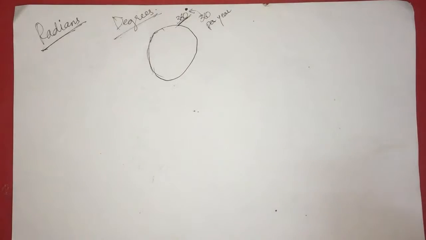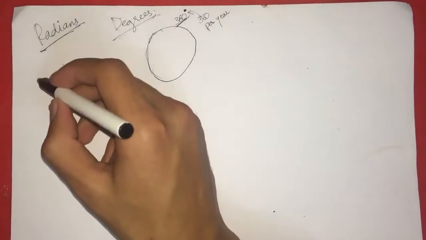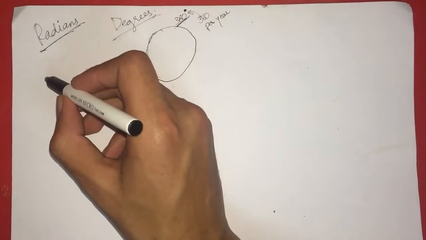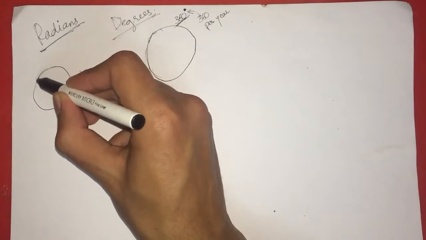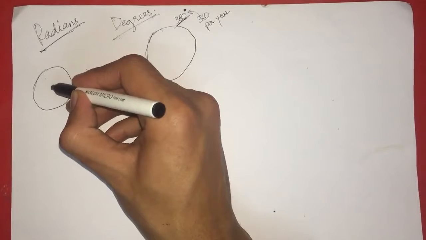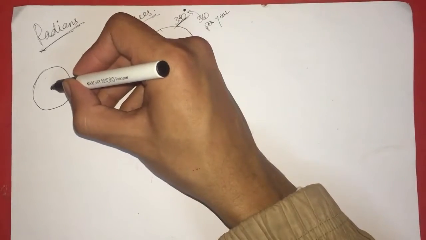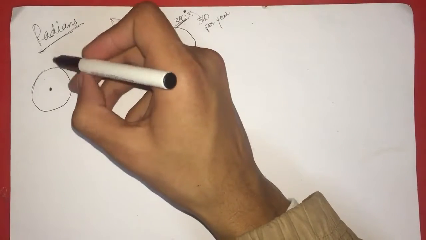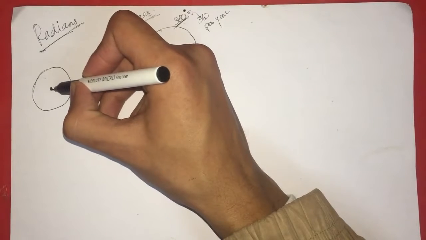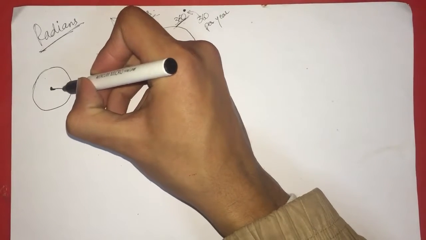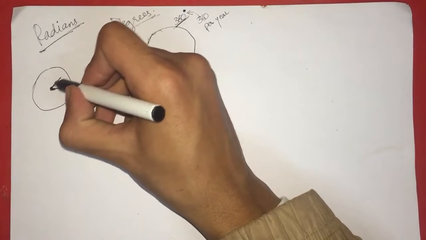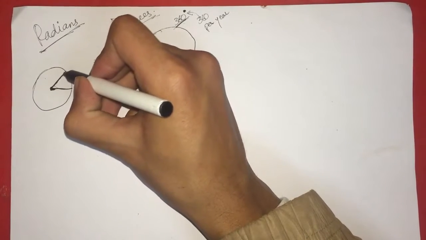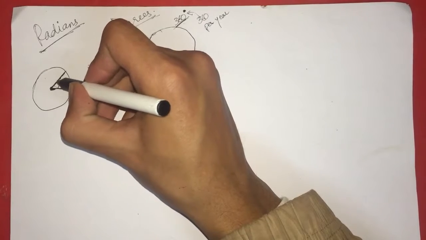For example, if I draw a circle, here we have the center of the circle, and this is the radius, r. Here I draw an arc with an angle theta.